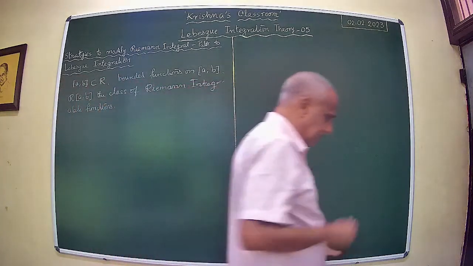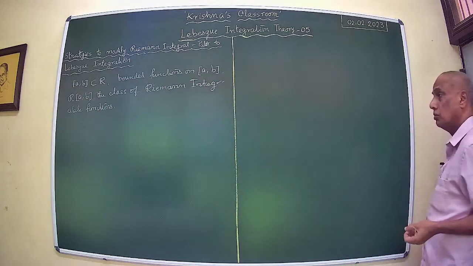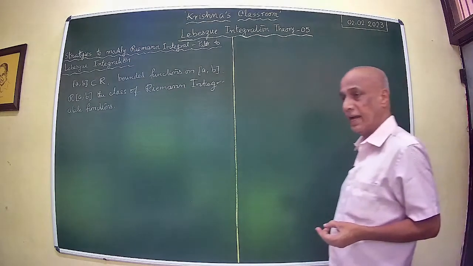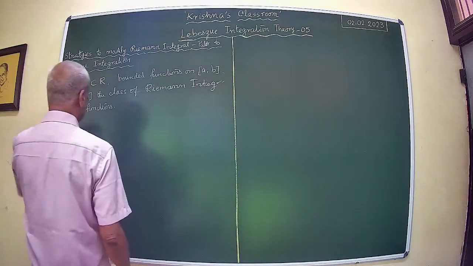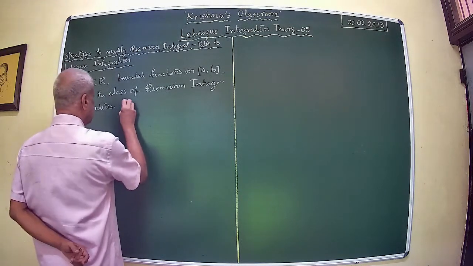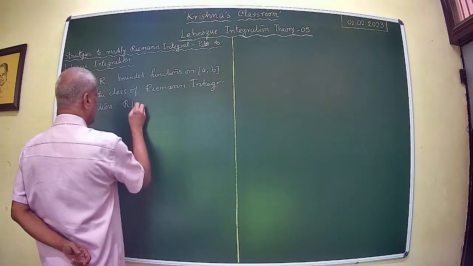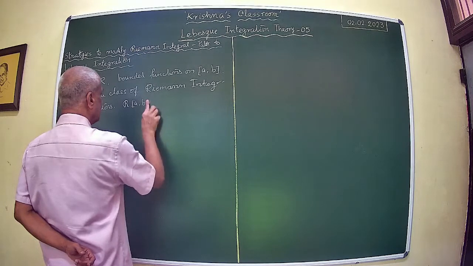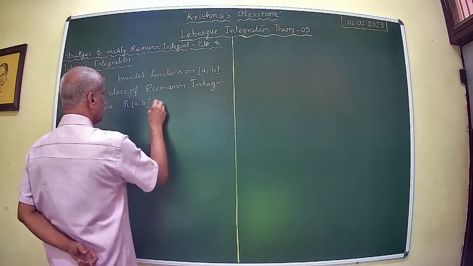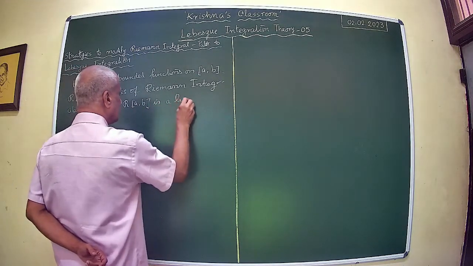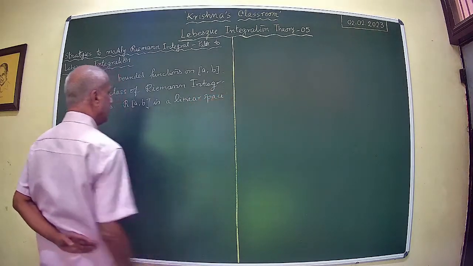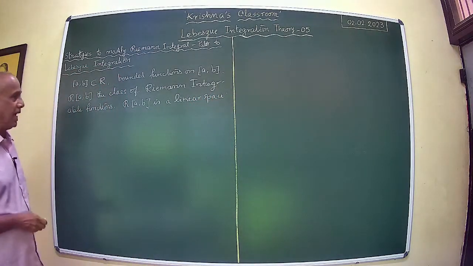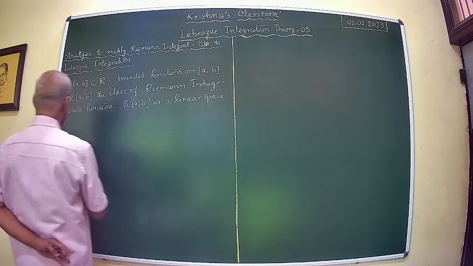Then, of course, we wanted to possibly do analysis on this class of functions. We found R[a, b] is a linear space. That is fine. And one can introduce a metric on this space.